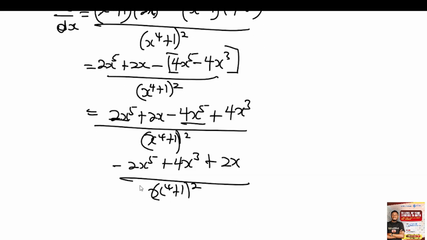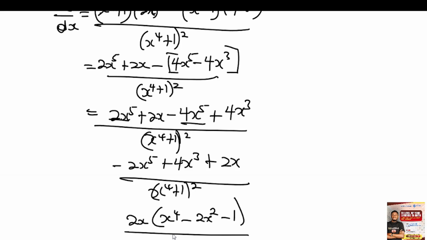So if we factorize 2x out, then we are going to have 2x out times x exponent 4 minus 2x squared minus 1, all on x exponent 4 plus 1 all squared. For this one, 2x times x exponent 4 will give us 2x exponent 5. So that is this.